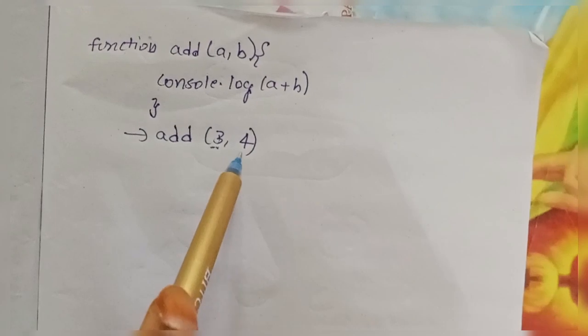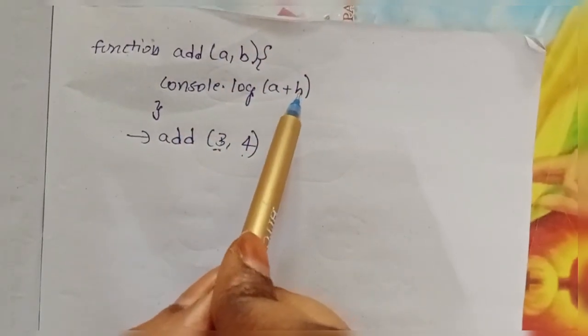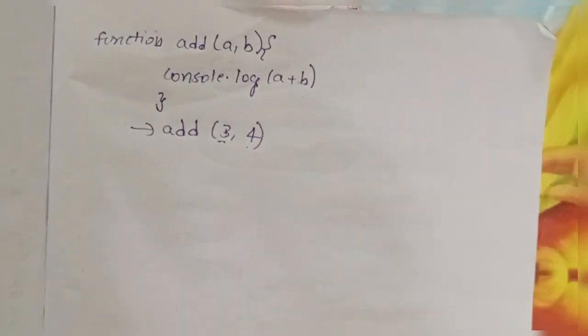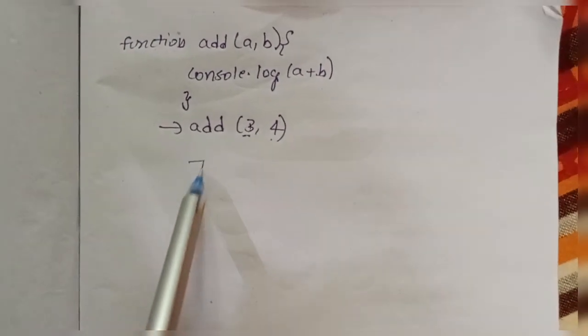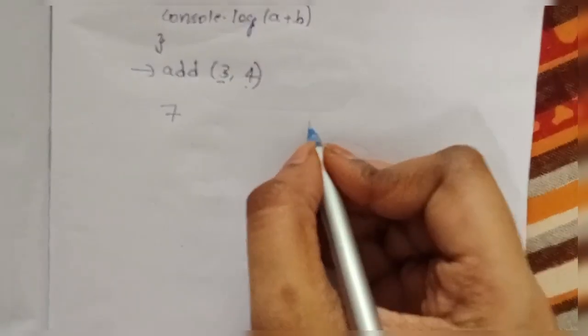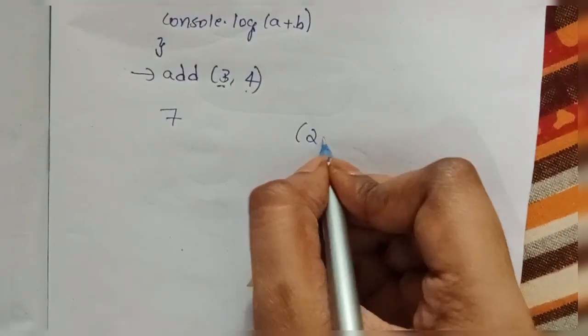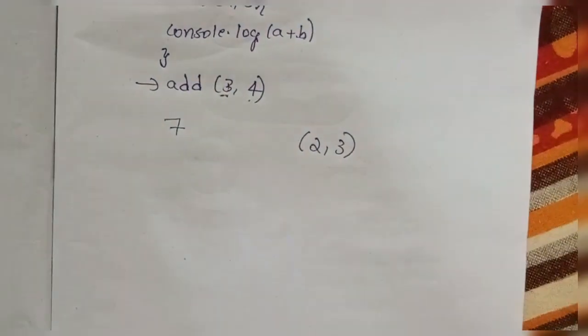This 3 will be passed into a and this 4 will be passed into b. So the final result will be 3 plus 4, that is 7. Similarly, if we write 2, 3, then we'll get the result as 5. We can change any number.